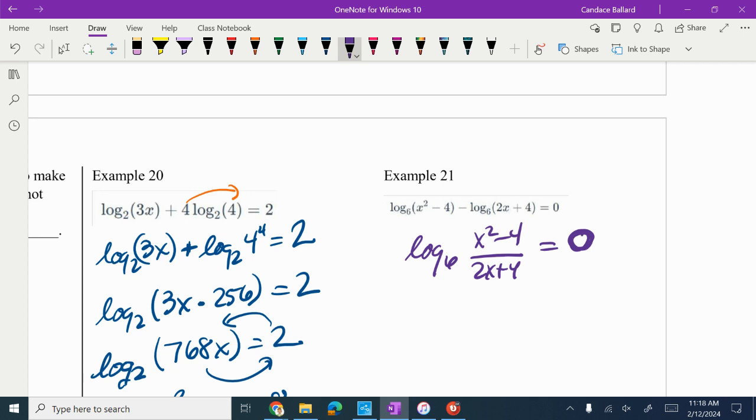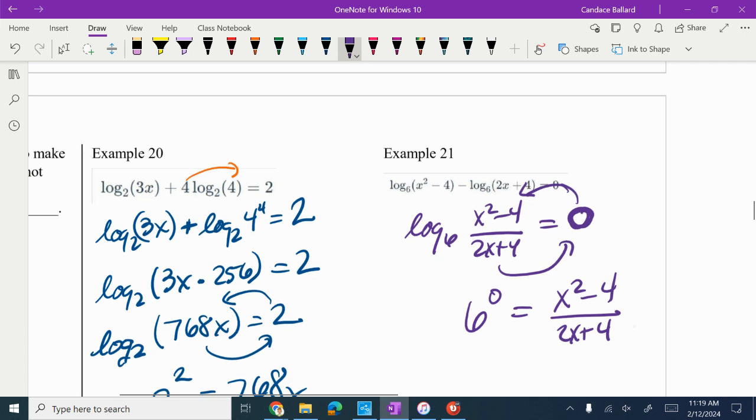Okay, one log, one side, log loop, right? What's my base? 6. Now I'm looping this around. What's going to become my exponent? 0 equals this big giant mess, right?